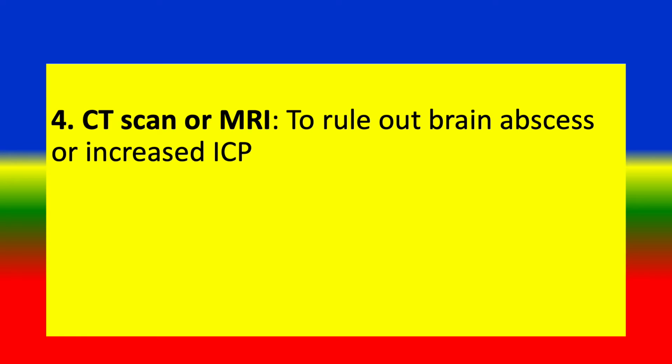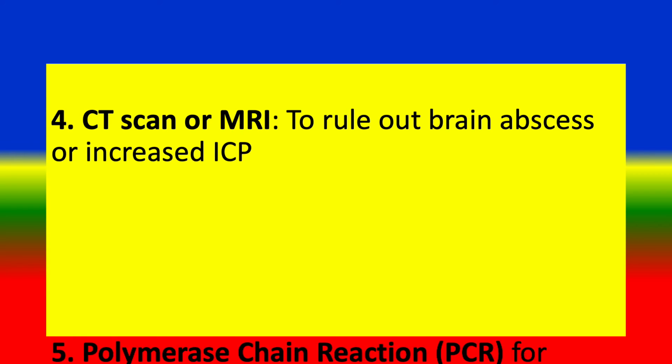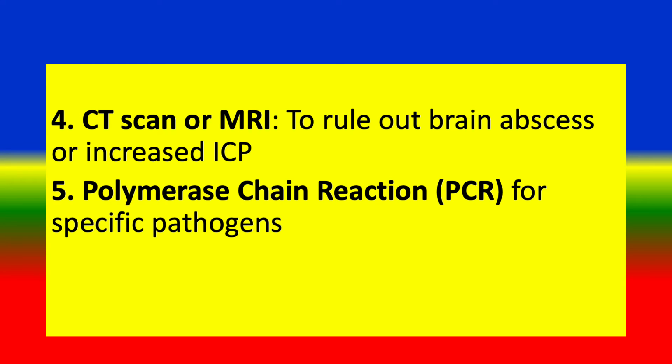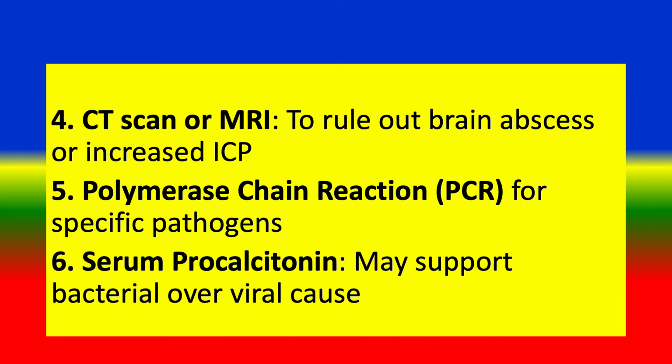CT scan or MRI to rule out brain abscess or increased ICP. 5. Polymerase chain reaction, PCR, for specific pathogens. 6. Serum procalcitonin may support a bacterial over viral cause.